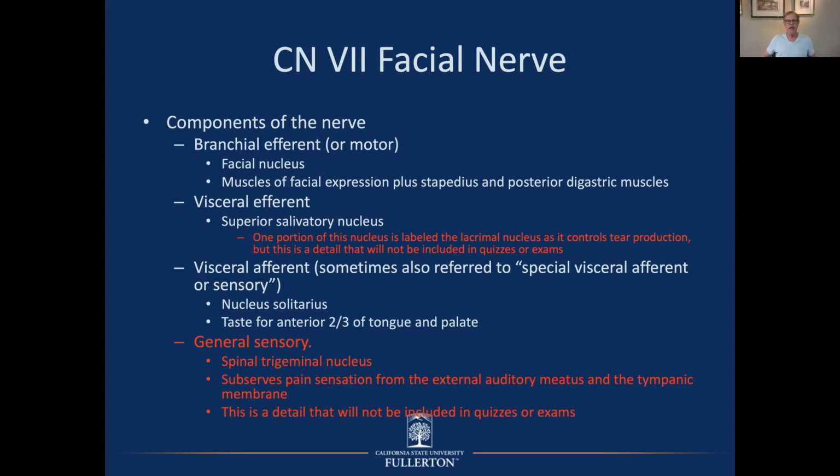That is for the nucleus solitarius, and it provides taste sensation for the anterior 2/3 of the tongue and also a little bit of the palate. Not going to worry about the palate because we don't test it, but for the anterior 2/3 of the tongue, visceral afferent neurons carry taste information back to the brainstem, specifically the nucleus solitarius, from the anterior 2/3 of the tongue, and that is visceral afferent.